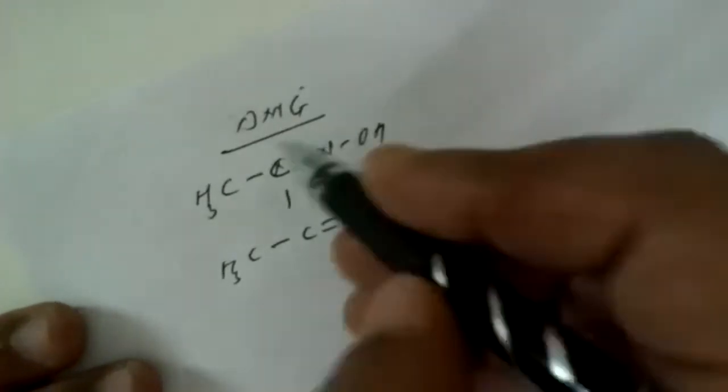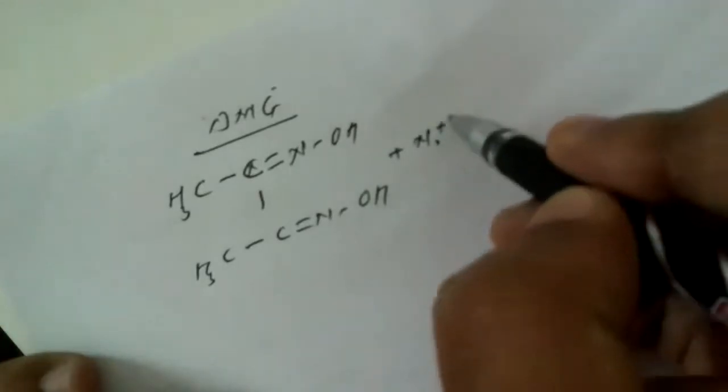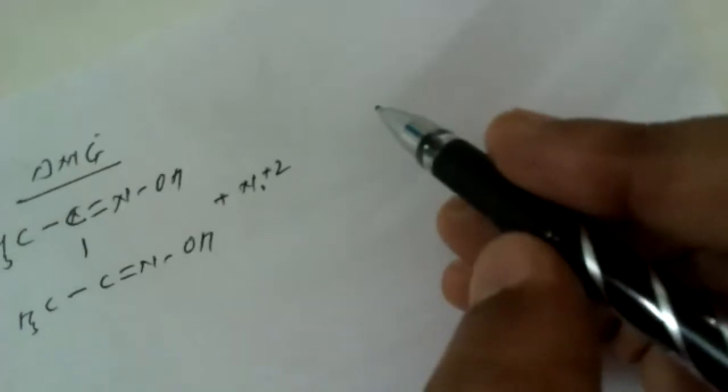This is nothing but dimethylglycine. This is the structure. When nickel solution is there, it can form a complex like this.